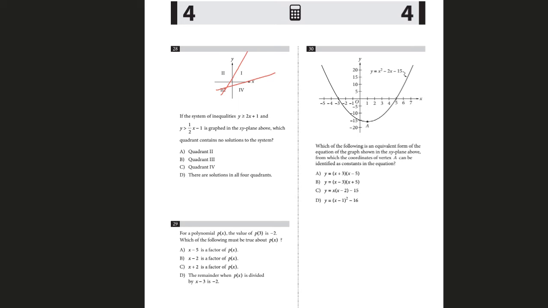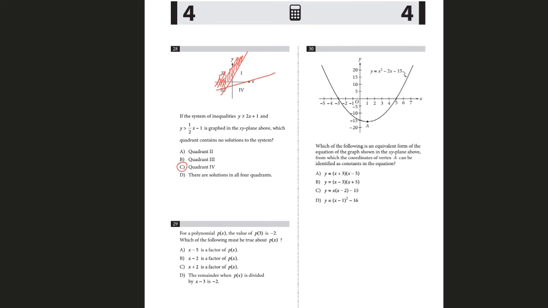And y is greater. So basically, the region where both of these inequalities are overlapping is this region. So this lies in quadrant 1, 2, and 3. So which quadrant does not contain any solution to the equation?